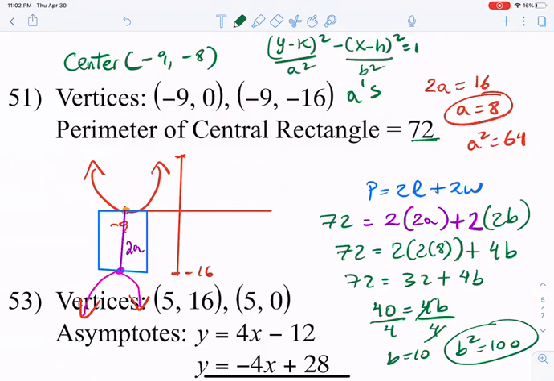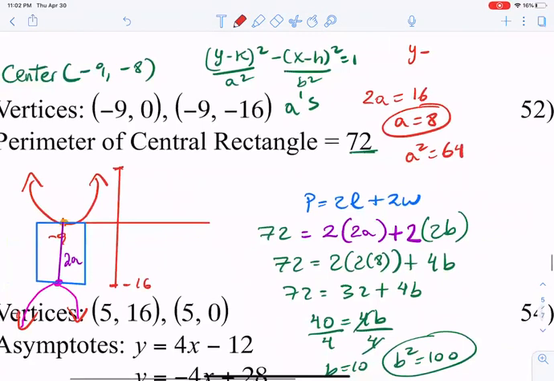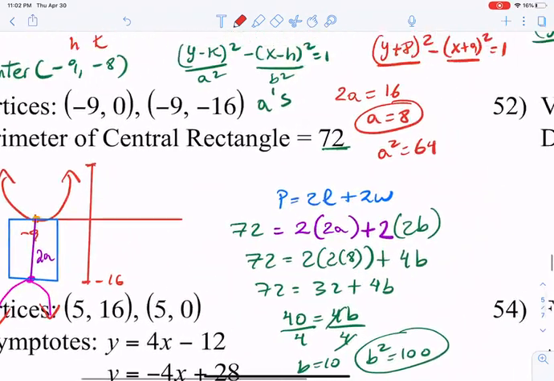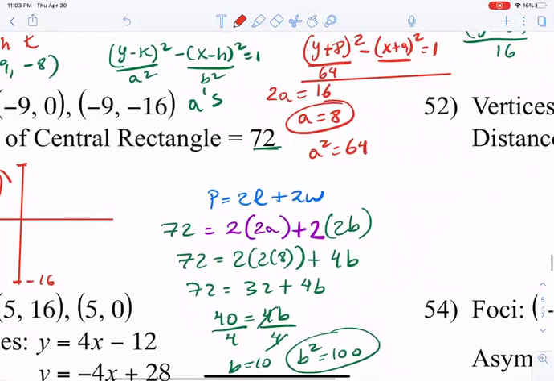Substituting these numbers, we get y plus 8 squared over 64 minus x plus 9 squared over 100 equals 1. So this is the answer.